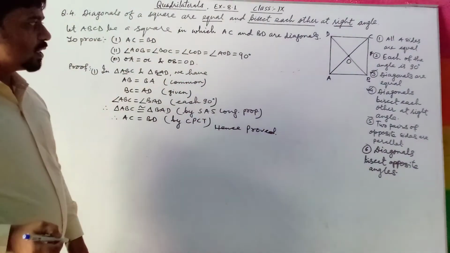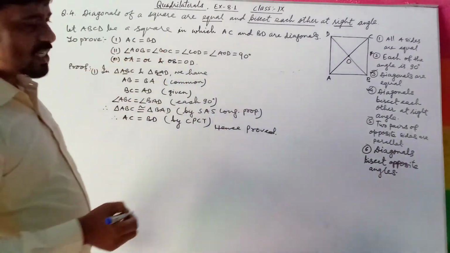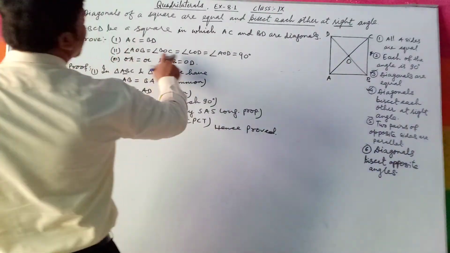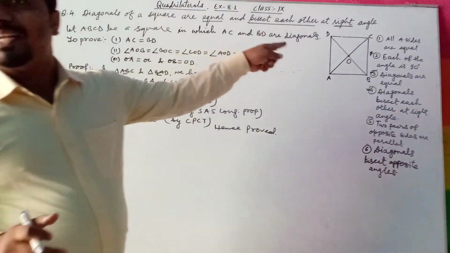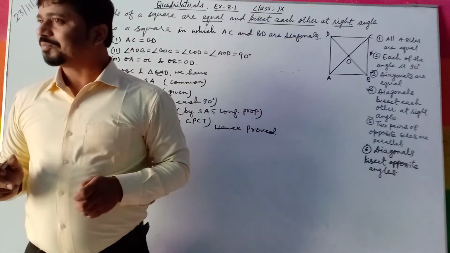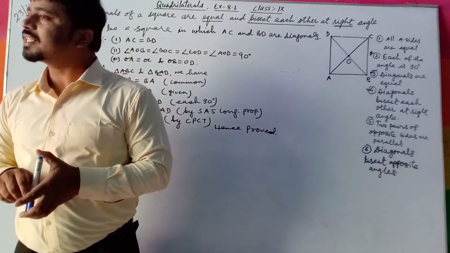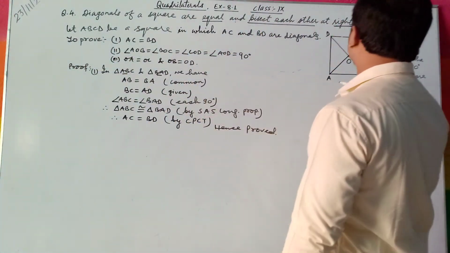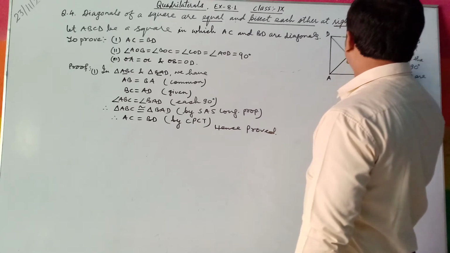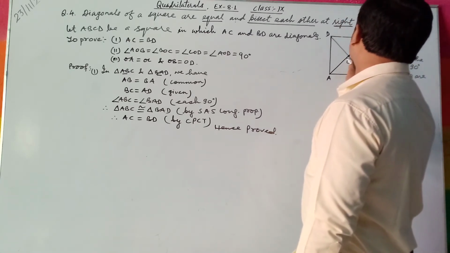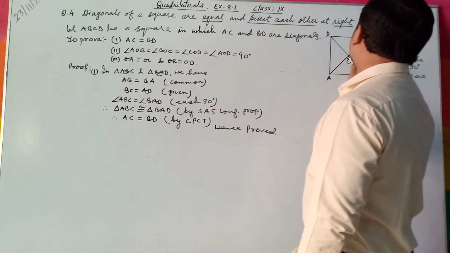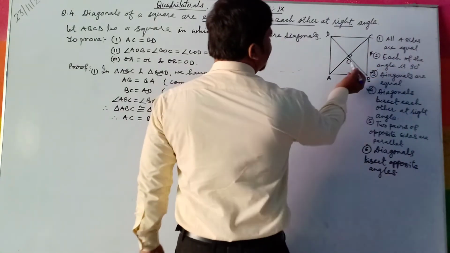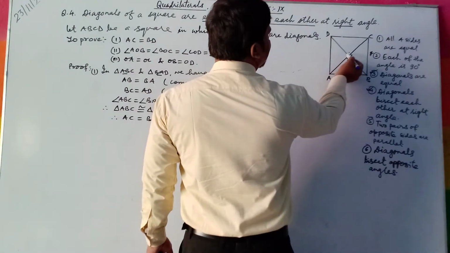First number we proved. Now we will prove the second number. What is the second number? Diagonals bisect each other at right angle. This means we have to prove this angle equals this angle, each 90 degrees.